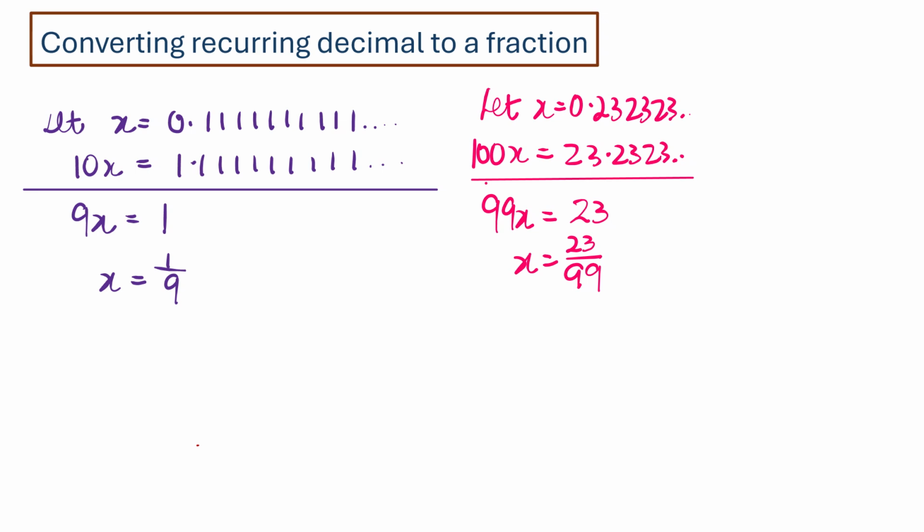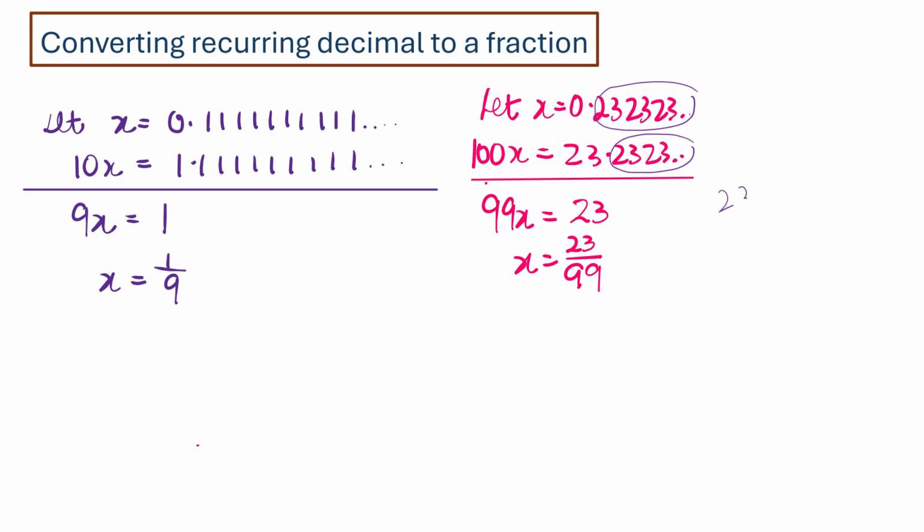Supposing I have this recurring decimal 0.23232323. Right. So I can't multiply by 10 anymore. I have to multiply by 100 because the purpose is to get rid of all this decimal number. And you can only do it if you multiply by 100 because 0.232323 times 100 gives you 23.2323.